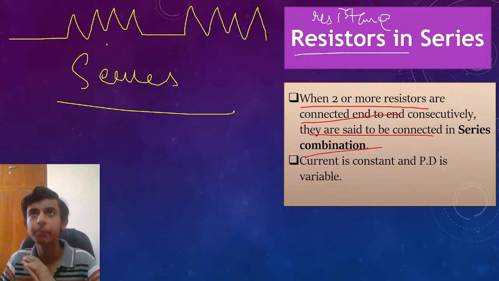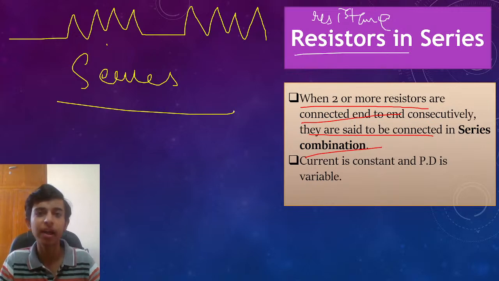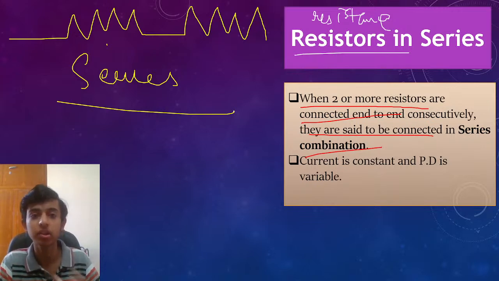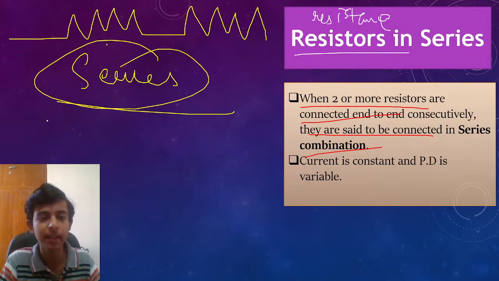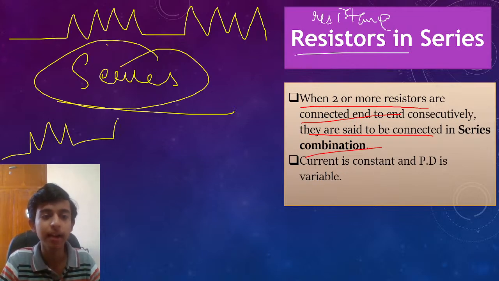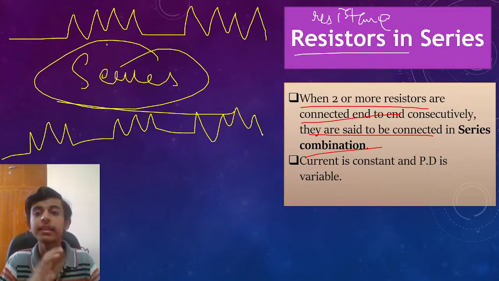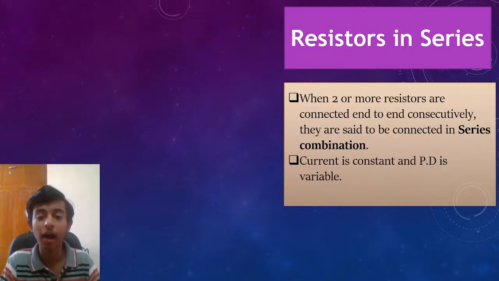You can remember it by your cricket matches. You have a series, so after one match you have another match, after the second match the third match, after the third the fourth match. So it happens in a series. Same here, after one resistor another resistor, then another one. So this system is your resistors in series. Now what you have to learn is that current is constant.